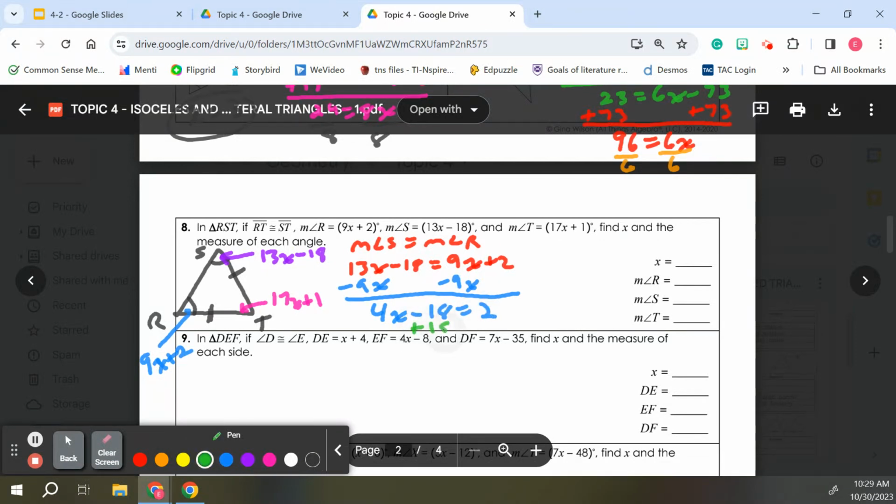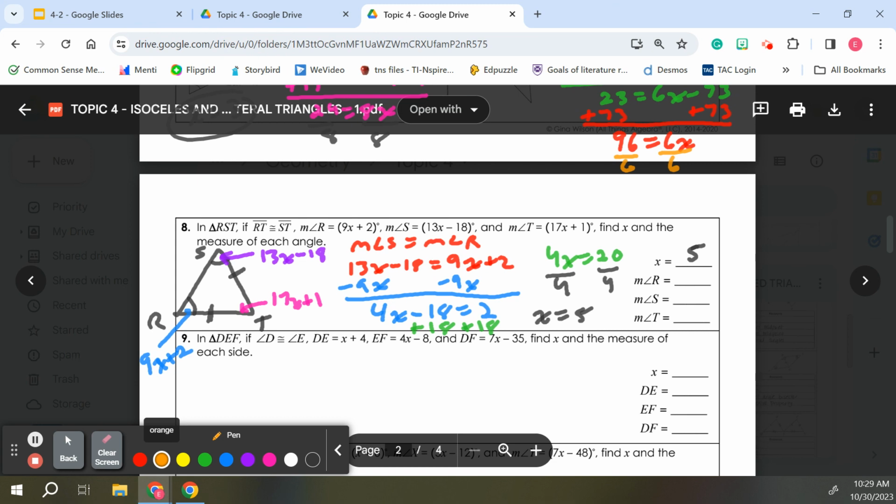I'm going to add the 18 to each side. This leaves me with 4x equals 20. And I'm going to divide both sides by 4, so I get x is equal to 5. But I'm not done yet.